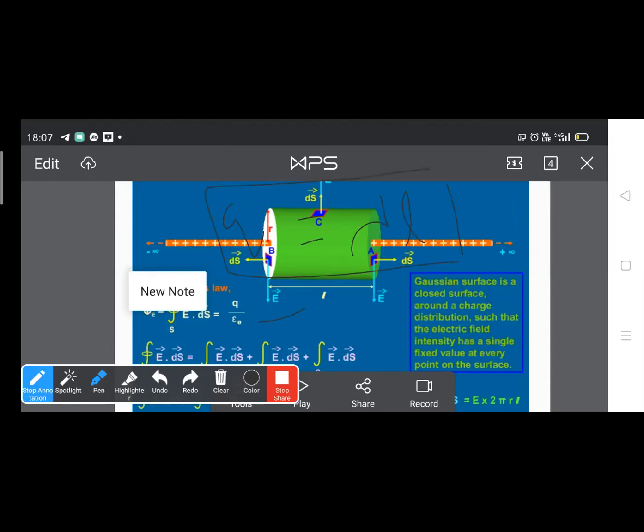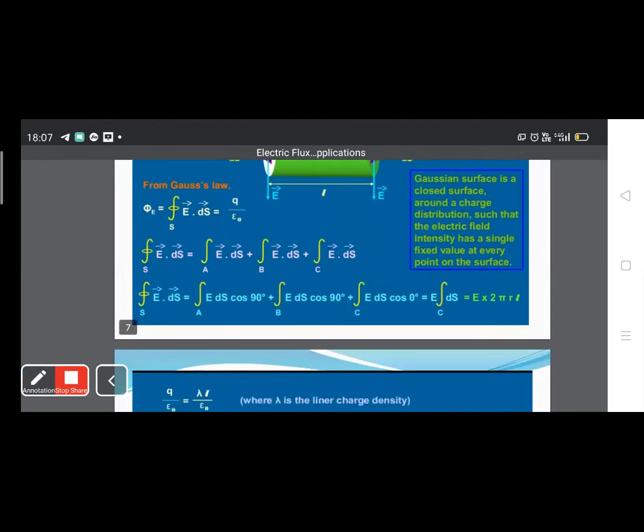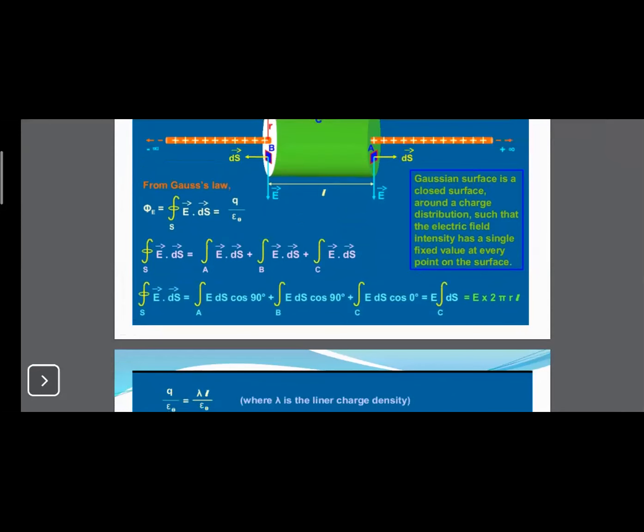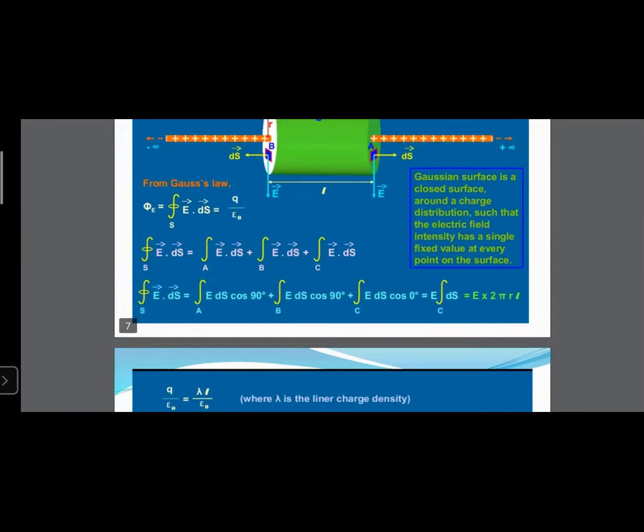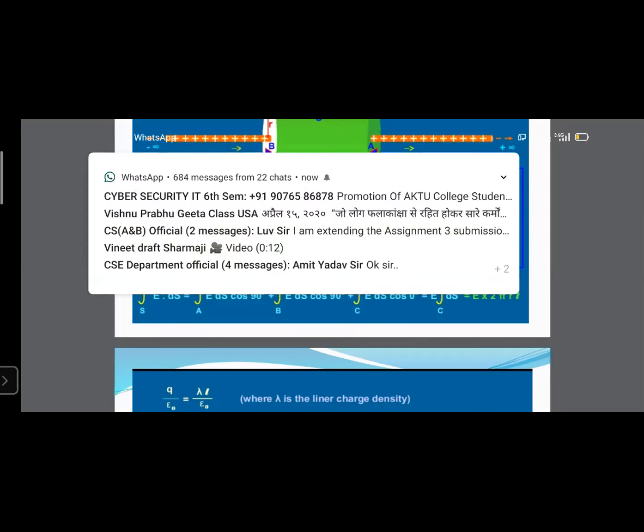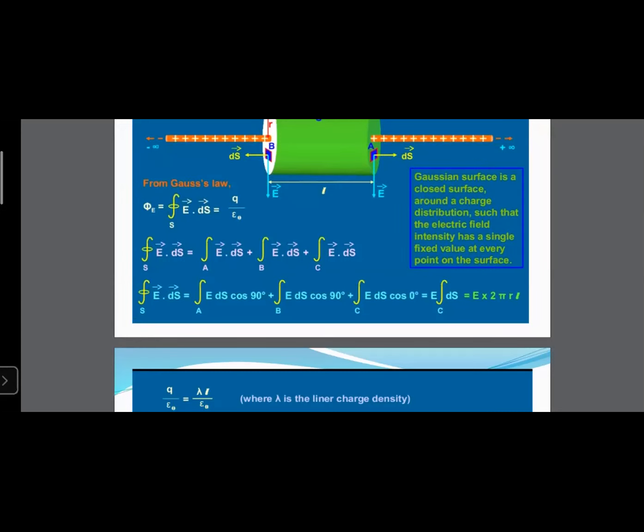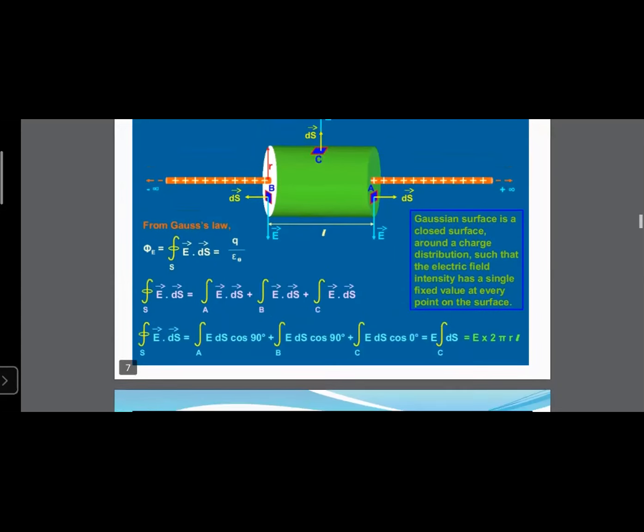So the electric flux through the curved surface is given by the integral of E dS equals E times the integral of dS, that means E into 2 pi R L. Here 2 pi R L is the area of the cylindrical surface. Clear?